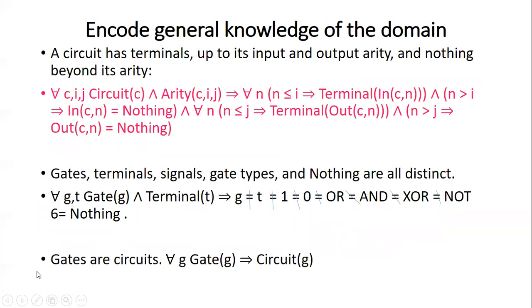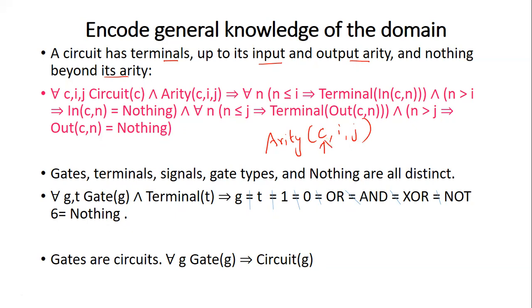Okay, next. A circuit has terminals up to its input and output arity and nothing beyond its arity. Here arity represents the maximum number of inputs and outputs. For example, when you say arity of C comma I comma J, C is a circuit.